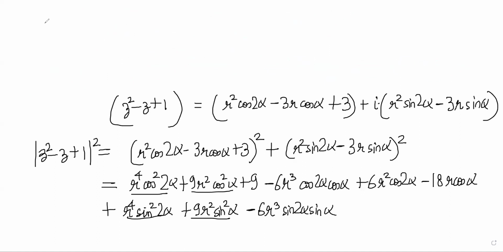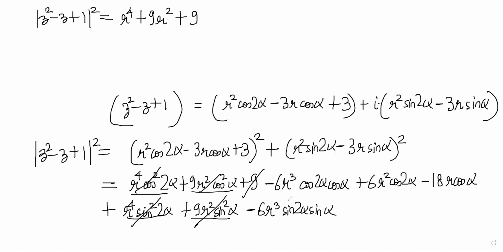Okay, so we are writing mod of z square minus z plus 1 whole square is equal to r power 4 plus 9r square plus 9. And notice this is minus 6r cube times cos 2 alpha cos alpha plus sin 2 alpha sin alpha, which is cos of alpha, using the cos A minus B formula.